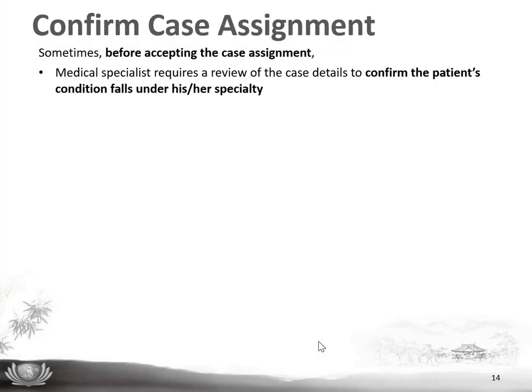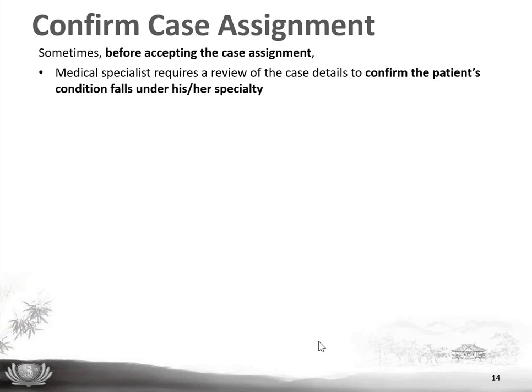Okay, there are a few functions in the system to support the process specifically for medical specialists. For example, there are times before accepting the case assignment when the medical specialist requires a review of the case details to confirm whether it falls under his or her specialties.